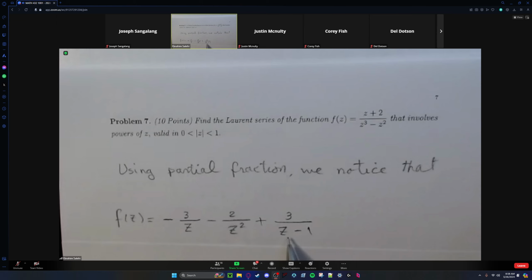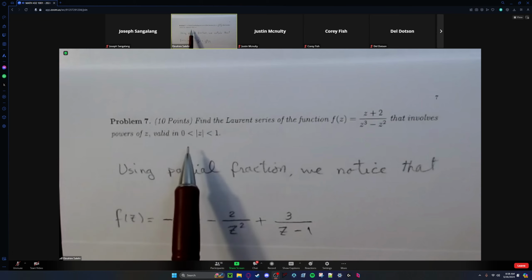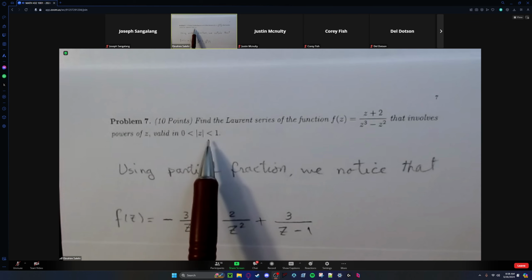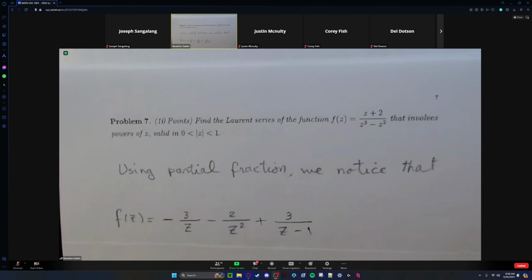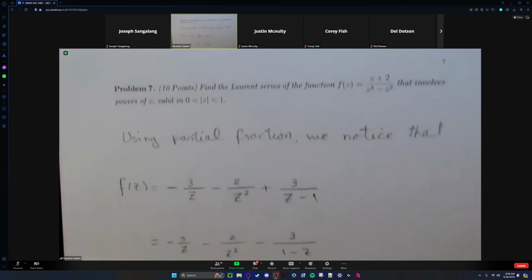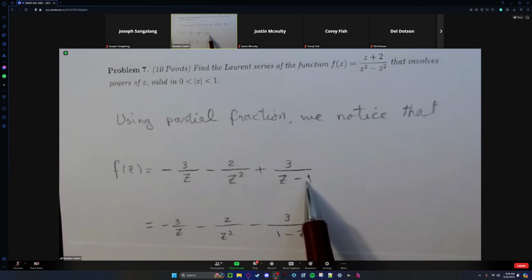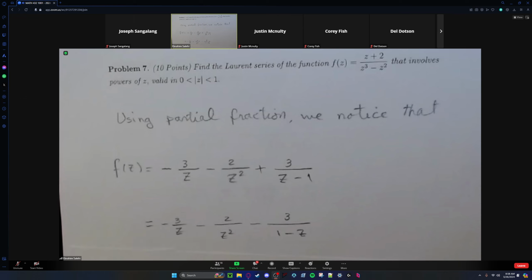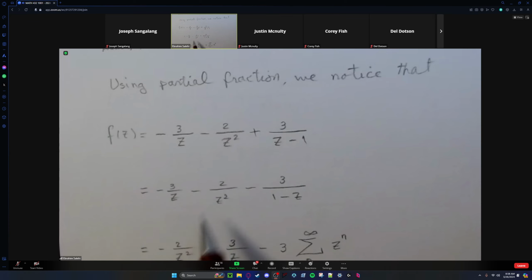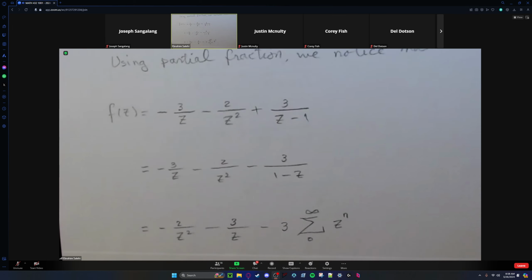I only need to express this in powers of z when the modulus of z is less than 1. I factored z out of the denominator, leaving 1 minus z, because this is a geometric series, and we know that. Here is the same thing. And for this one, we have minus 3 times the sum of z to the n. That's it.